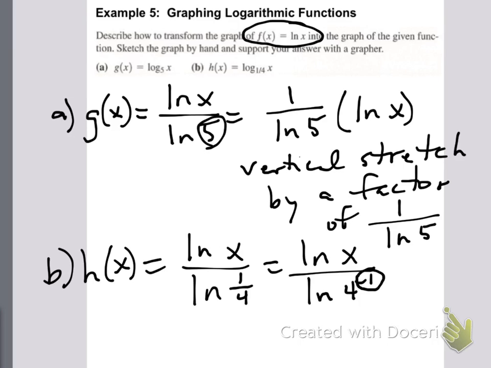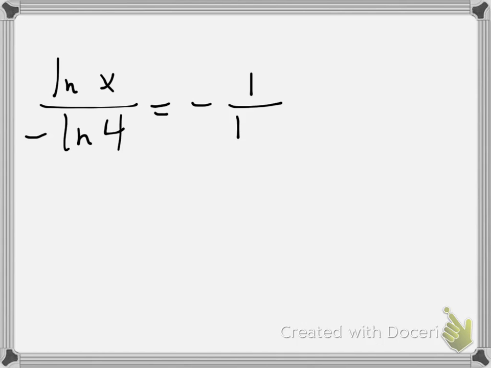Again, you have an exponent, and the property says it goes out front. So what I have is ln x over negative ln 4. Pull out the negative ln 4, so you have -1 over ln 4 times ln x.